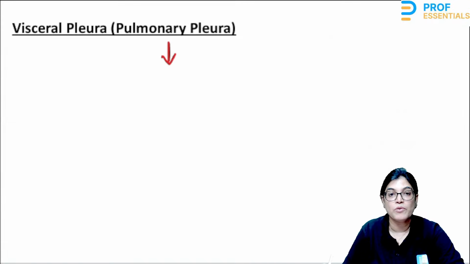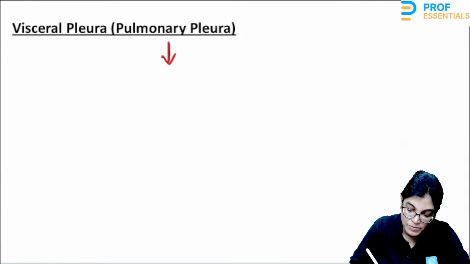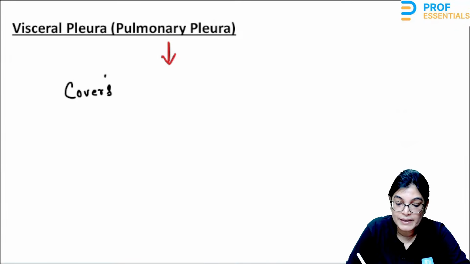When I'm talking about the important features, this visceral pleura covers completely the lung surface.